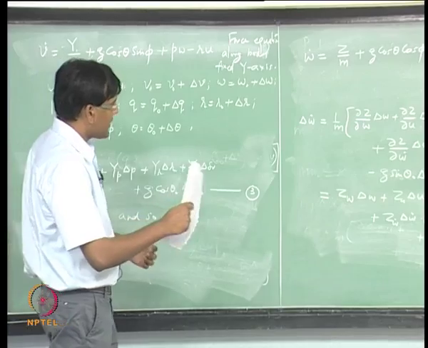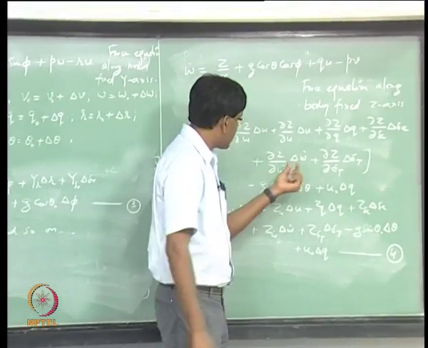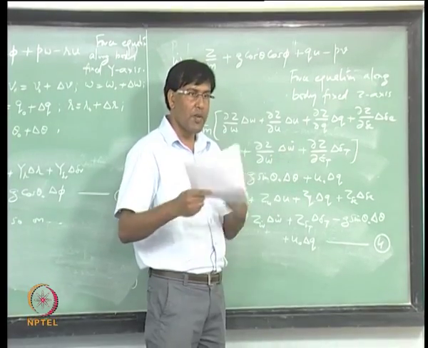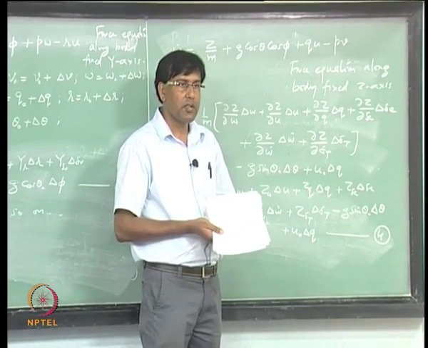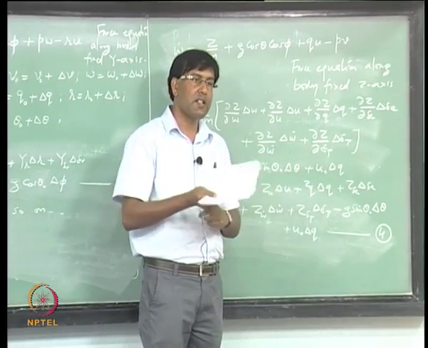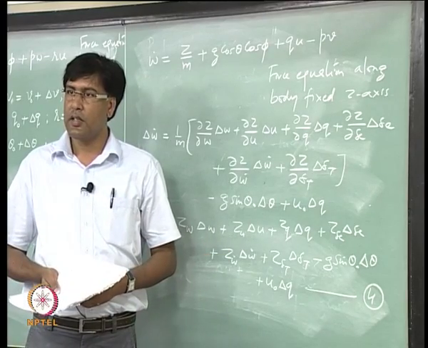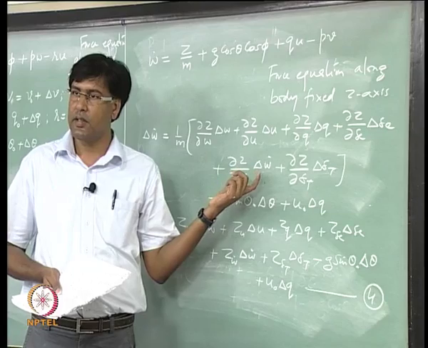Let us say I say that this delta w dot is the normal acceleration, and that normal acceleration is a state variable.